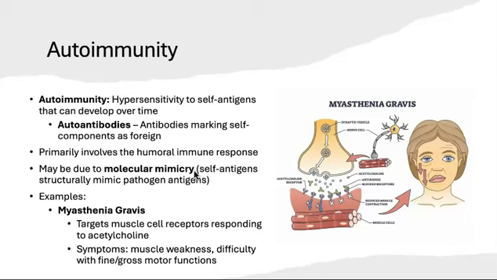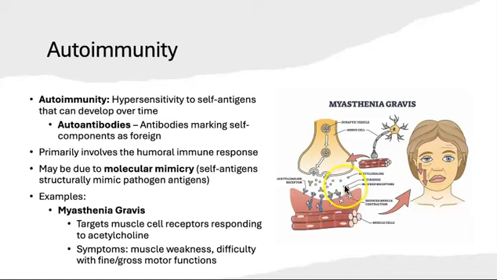And some examples of autoimmune diseases would be myasthenia gravis, and this targets our muscle cell receptors that respond to acetylcholine. Notice in this image on the right-hand side here, we are showing the secretion of acetylcholine across this cleft so that it can reach our motor end plate.